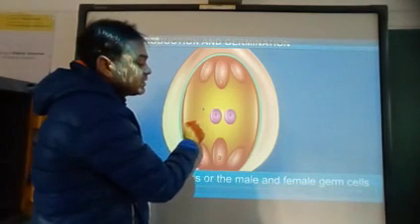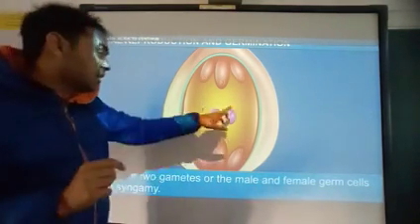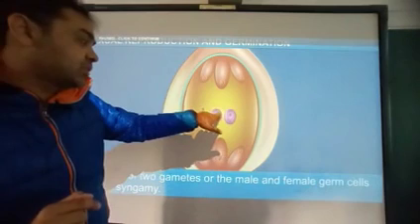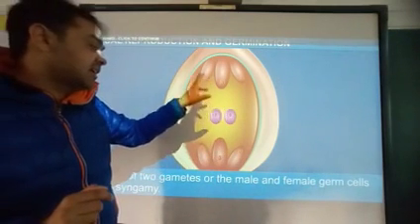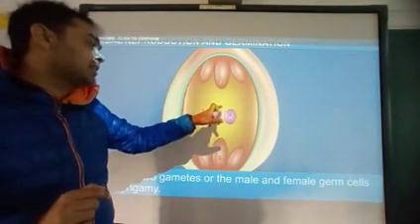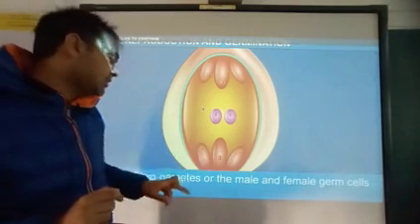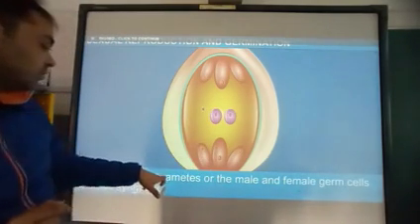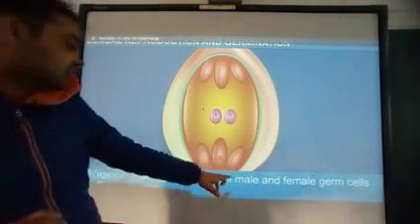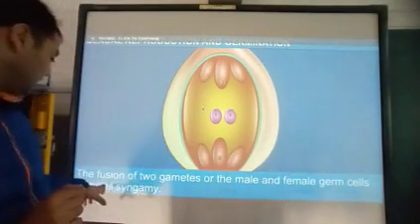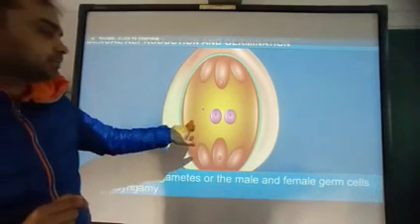This is called triple fusion, because 2 nuclei are already present inside the central cell, and one will come from the male nucleus. The fusion of the 2 gametes, male and female, is called syngamy.